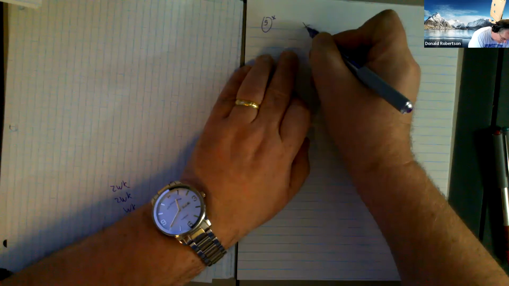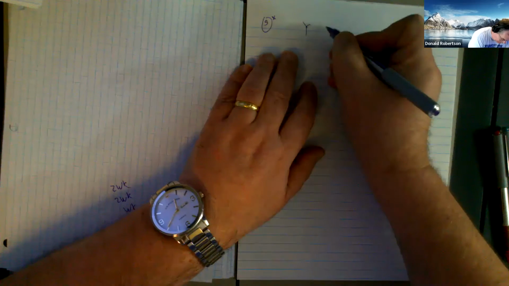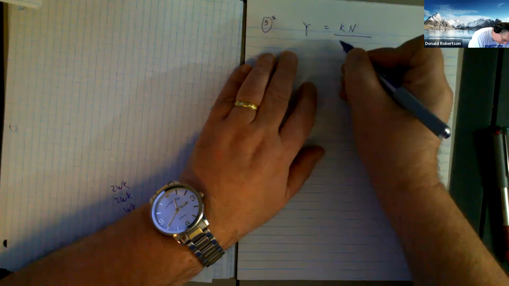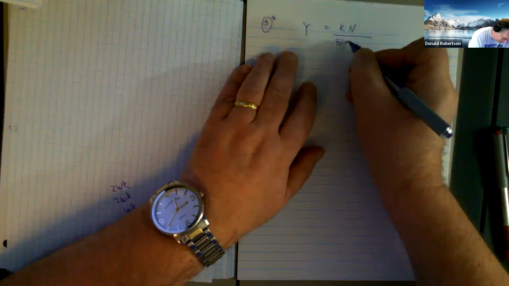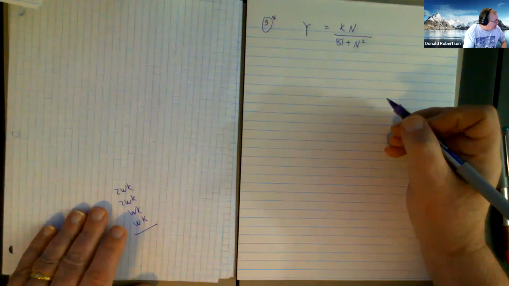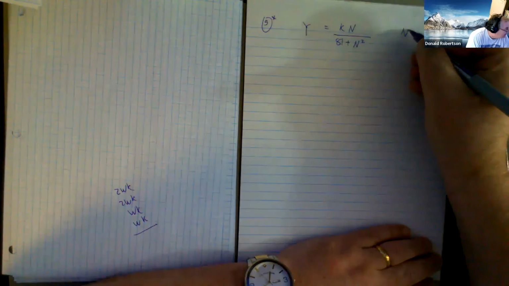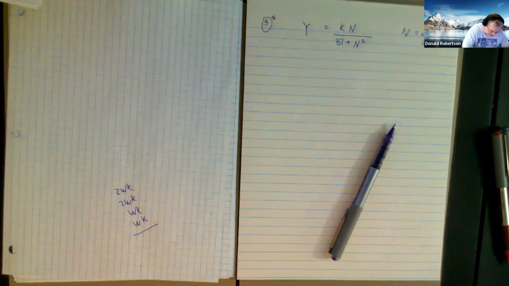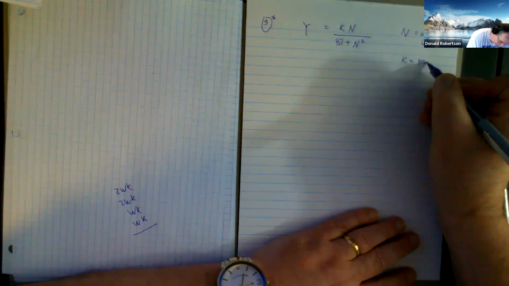The yield that you get out of a crop is Kn over 81 plus n squared, and n is the nitrogen level, and K is just a positive constant.